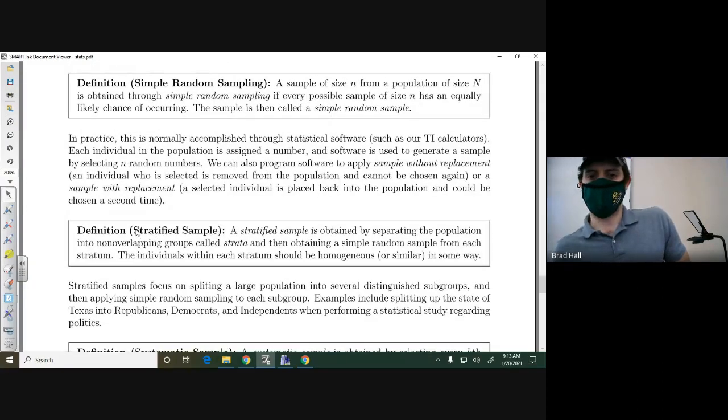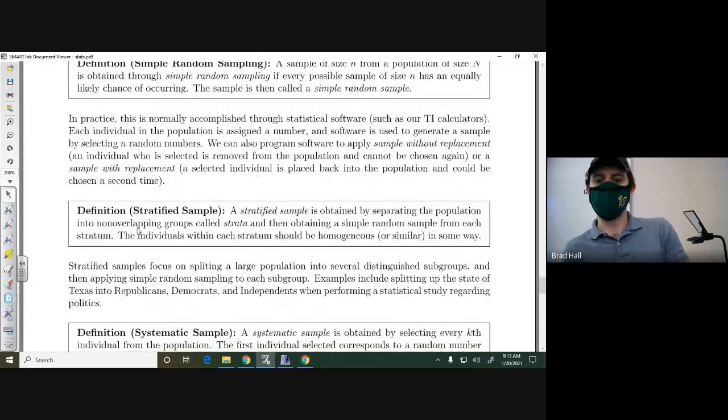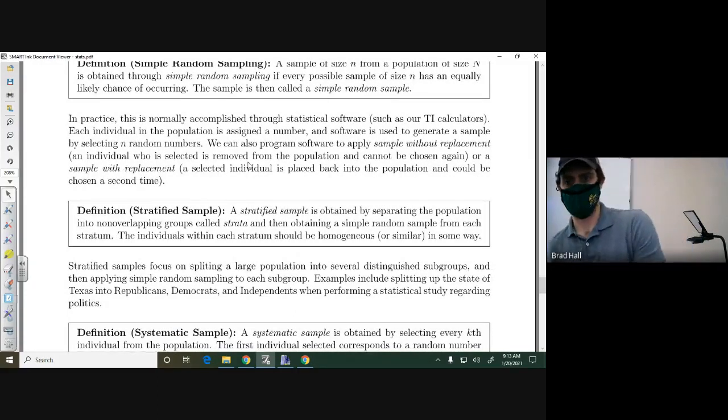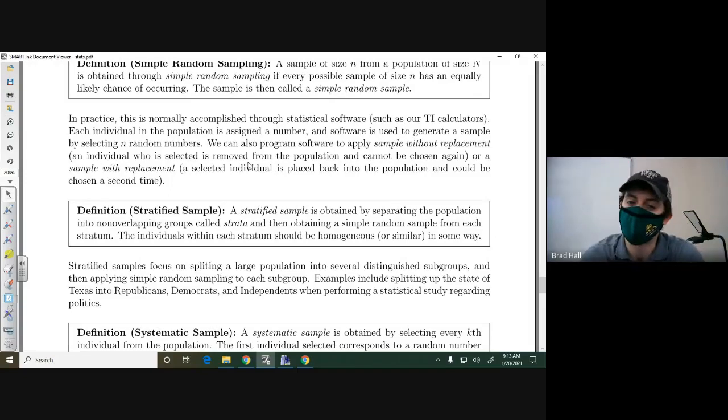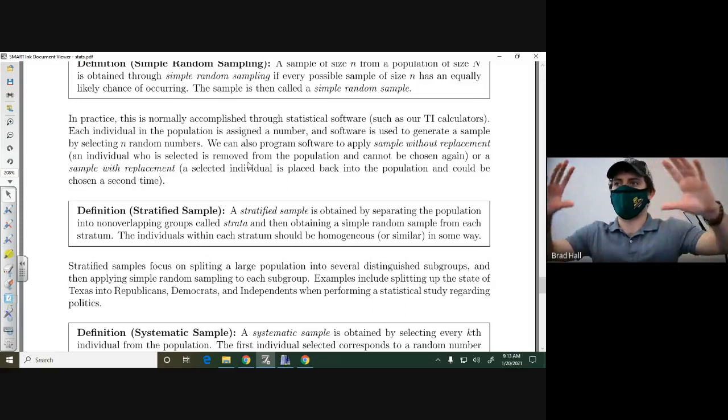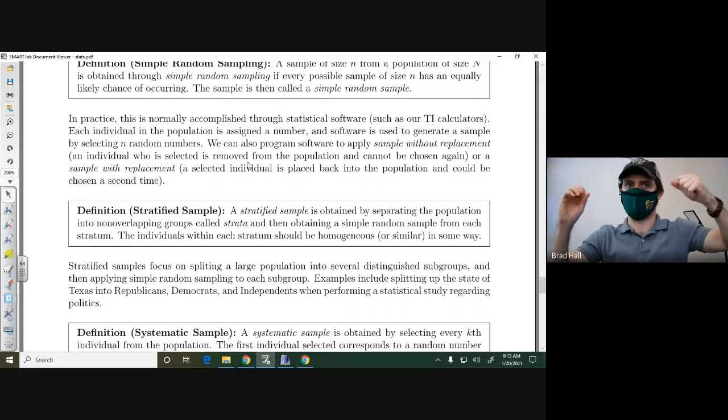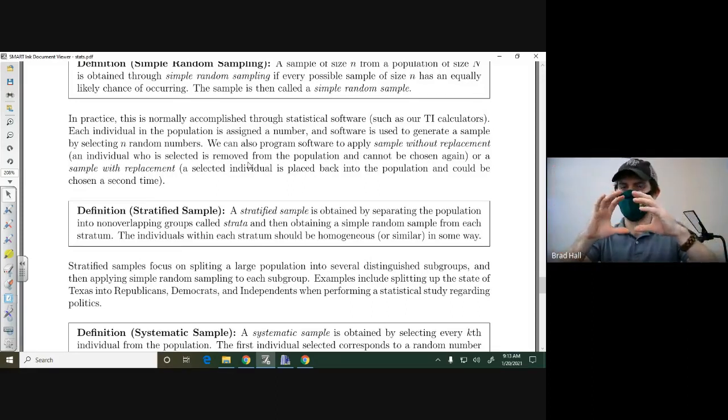There's also a few more, so let me try to roll through these in 2 minutes. There's stratified samples. This is when you have a population that may consist of a few larger subsets.